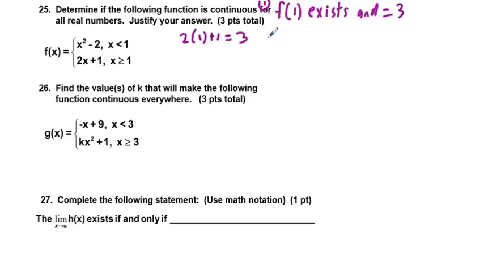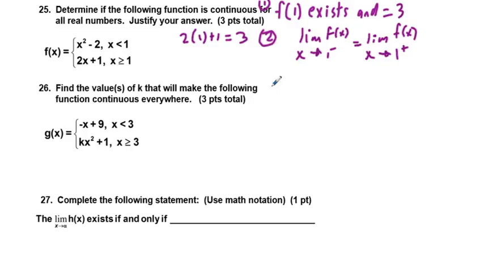And then condition 2. Well, to do that, we're going to have to set the left side limit equal to the right side limit. So the limit as x approaches 1 from the left side of f of x equals the limit as x approaches 1 from the right side of f of x.